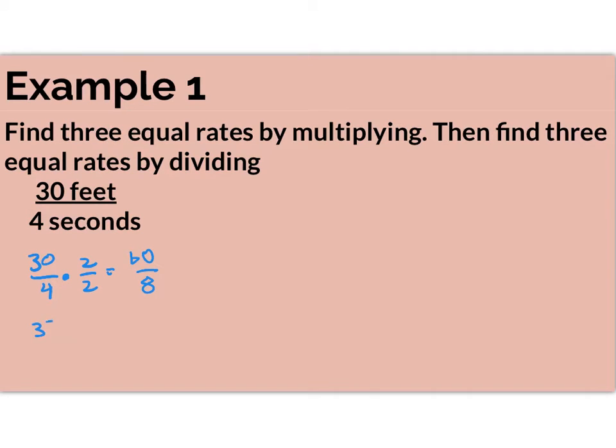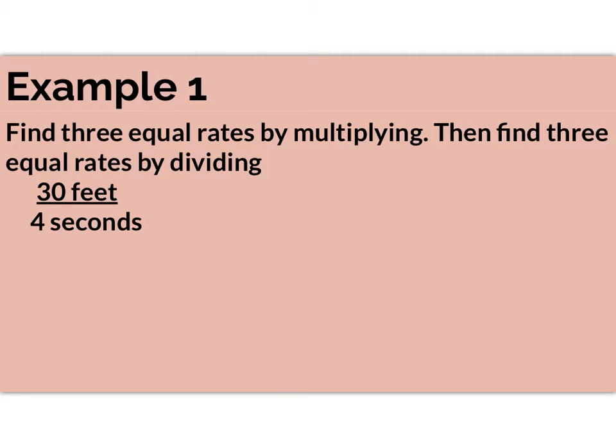If I multiply it by 3 over 3, I get 90 over 12. And if I multiply by 4 over 4, I get 120 over 16. Okay, that's one way of finding rates. Let's jump to the dividing on the next page.